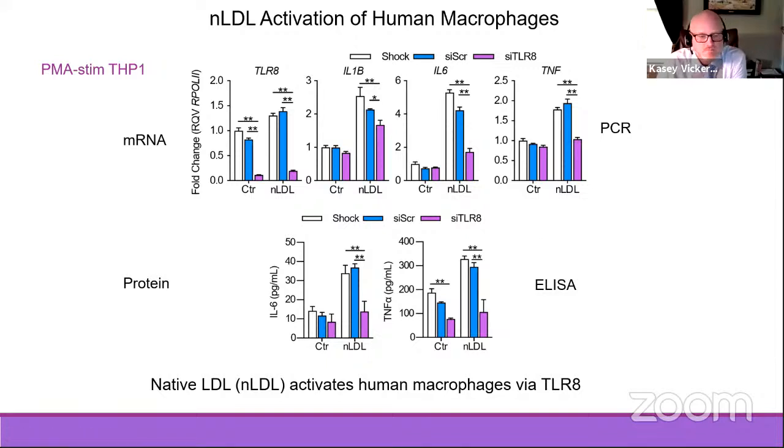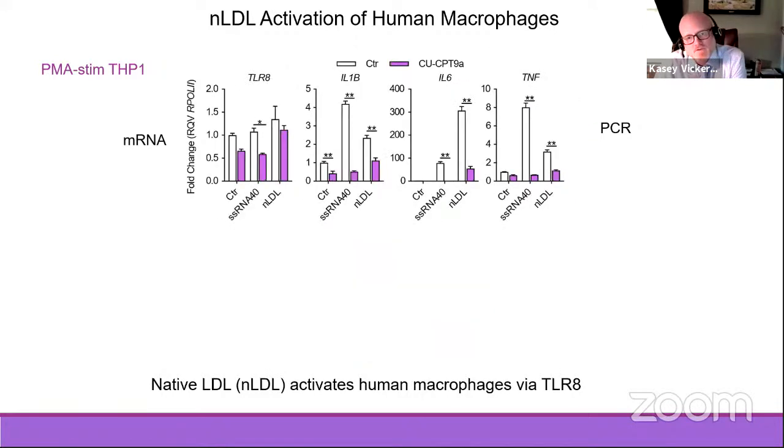IL-6 and TNF-alpha in the media were also significantly blocked, the induction by LDL was blocked by knocking down TLR8. There are also very specific TLR8 small molecule inhibitors. One is CU-CPT9a. We encapsulated this small molecule drug into nanoparticles and delivered it to THP1 macrophages.